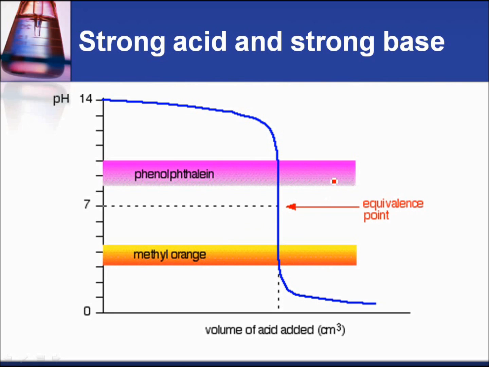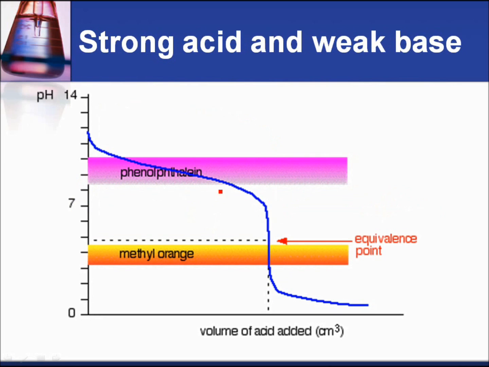So you can see here that neither phenolphthalein nor methyl orange changes color at pH 7, do they? But phenolphthalein is pretty close, isn't it? It's about 8.2. So if you were titrating a strong acid and a strong base, you could use phenolphthalein as an indicator because the range is pretty close to the equivalence point, isn't it?